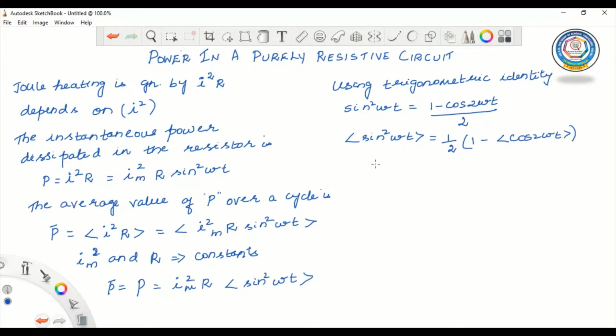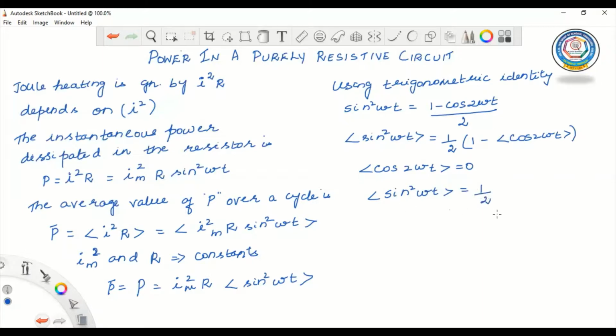Again we use integration: when you integrate between the limits 0 and T over the complete cycle, this value becomes 0. So what remains? The average value of sine square omega t is simply 1 by 2 alone.